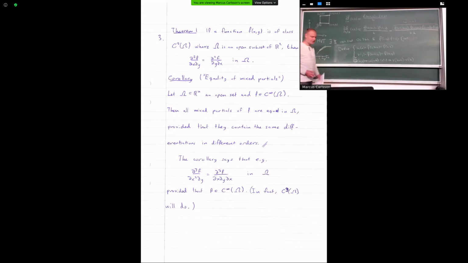Now, the nice thing here is that U of X and V of Y are really one variable functions, right? So we can use the mean value theorem on them.